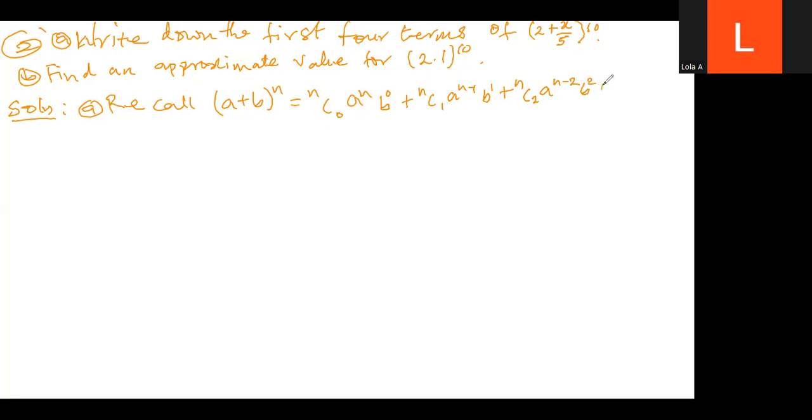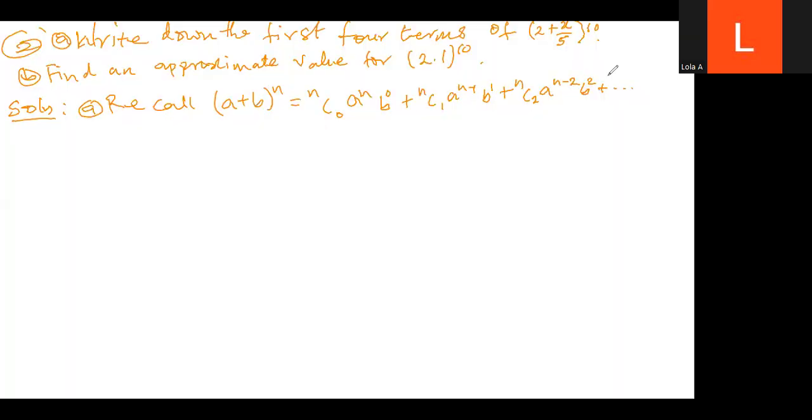Okay, let's finish writing down. So I've said you should recall this. So if we now relate what we have recalled with (2 plus x over 5) raised to the power of 10, that implies that a is 2 and b is x over 5.